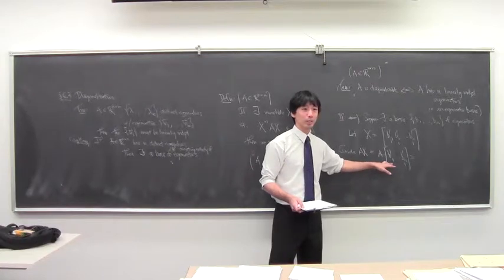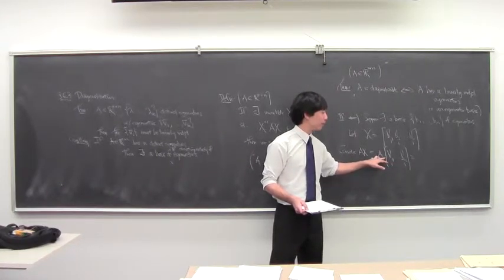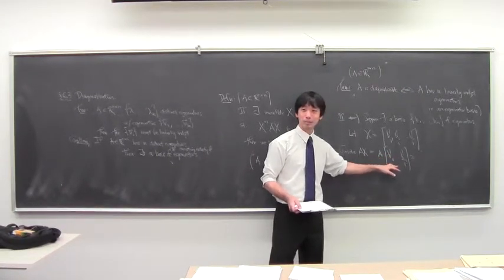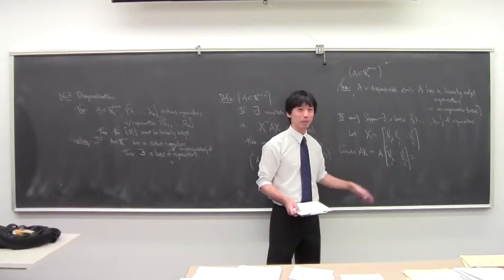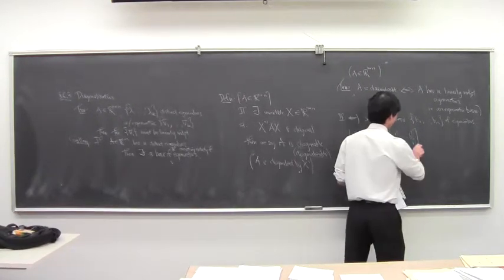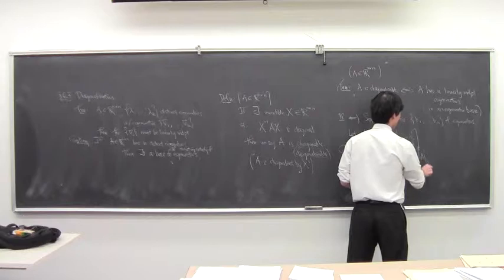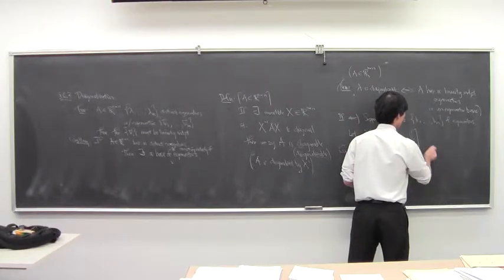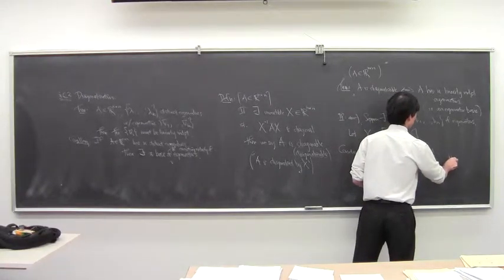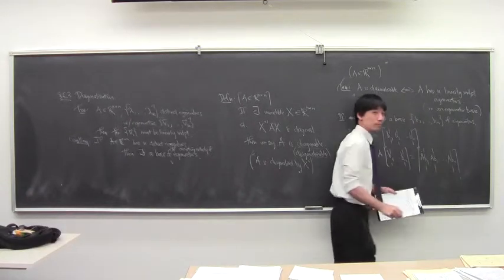When you do matrix multiplication, you're going to get AB1, AB2, and so on. It happens column-wise.